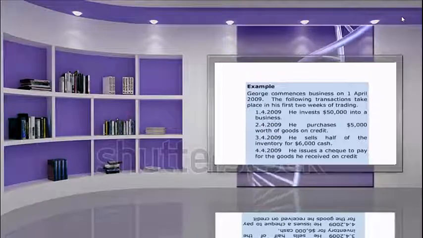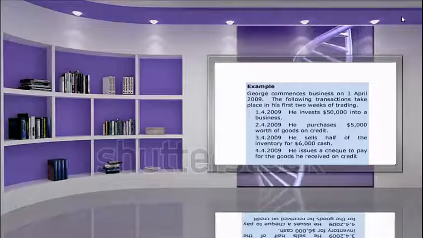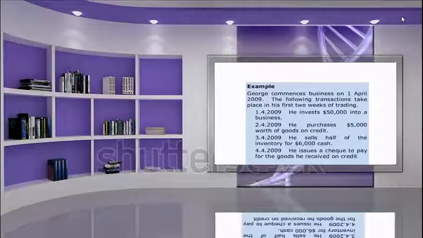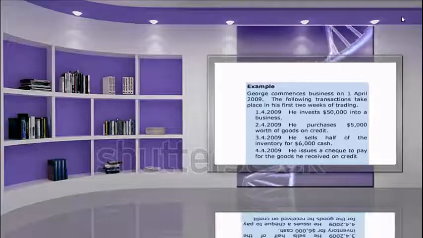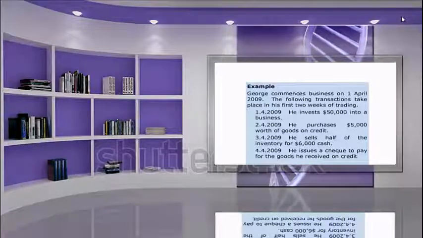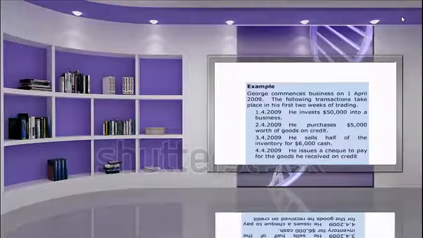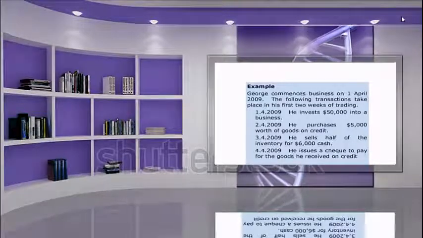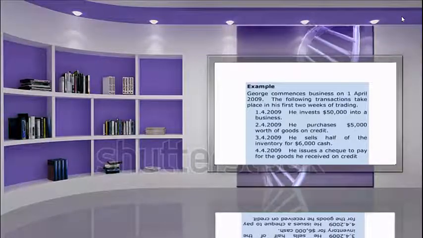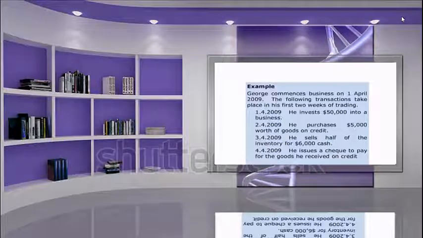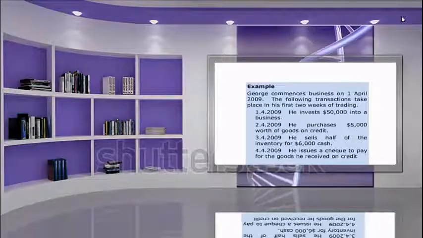Now remember, when we make a sale, we're going to be selling it for some sort of profit, and we can clearly see that we've made a profit here because he sold half of the inventory for $6,000, a lot more than when he purchased the full amount of inventory in the previous transaction for only $5,000. So we've made a sale, and in return for selling those goods, we're going to receive cash in return.